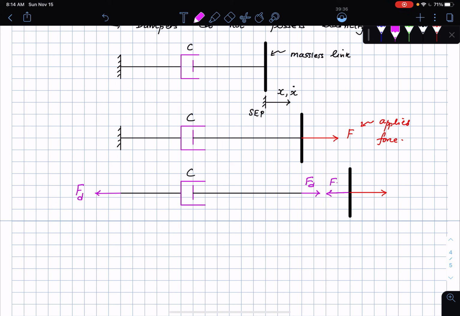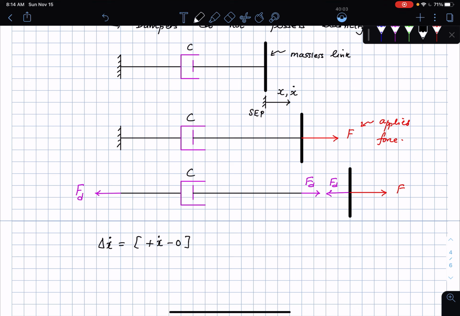This is also F suffix D, and the other force is F. You can automatically see that one end of the damper is connected to the wall, so there is no velocity at that end. The other end is connected to the massless link, which is displaced with a certain velocity of x dot, which means that the total relative velocity between the two ends of the damper, if I write this way, delta x dot is going to be plus x dot minus 0.